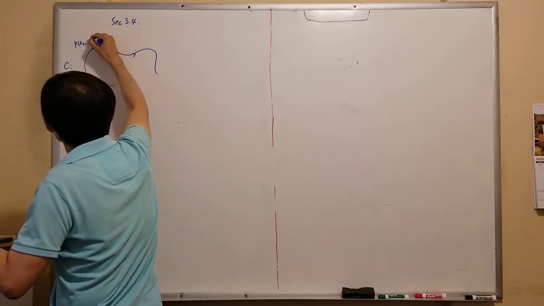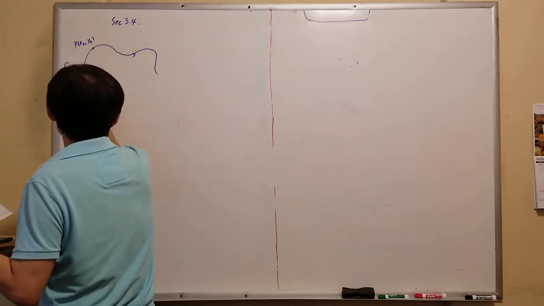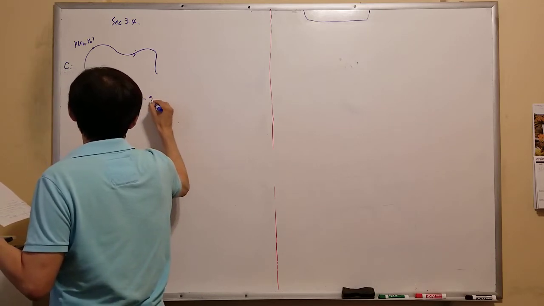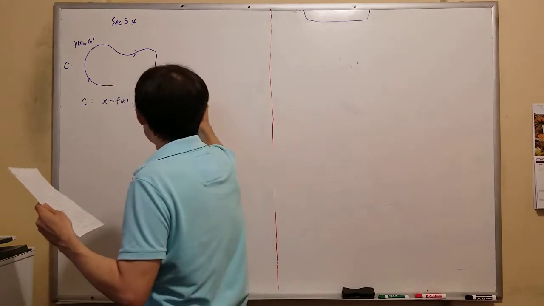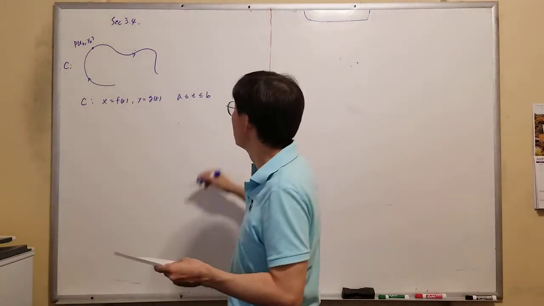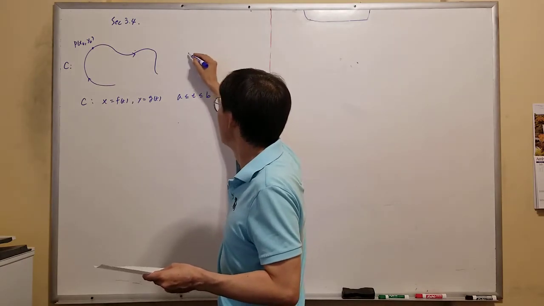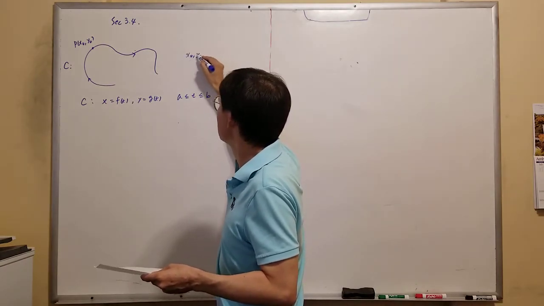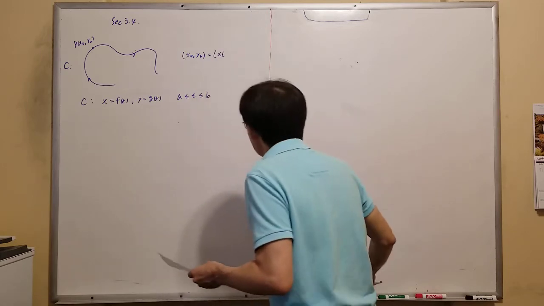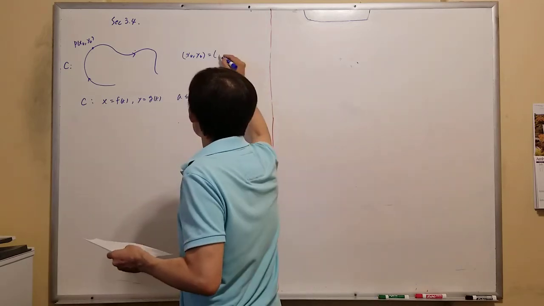t0. So C is given by x equals f of t, y equals g of t, on some domain. And let's say your (x0, y0) is when your t value equals t0.